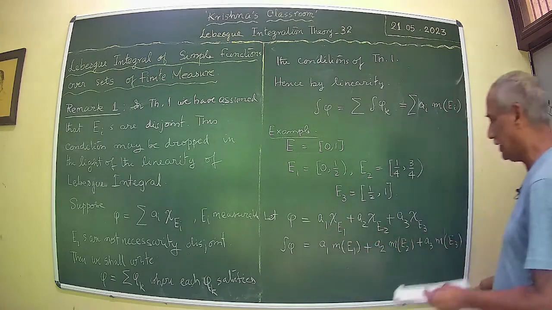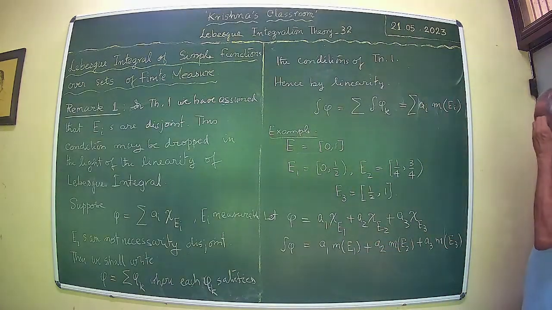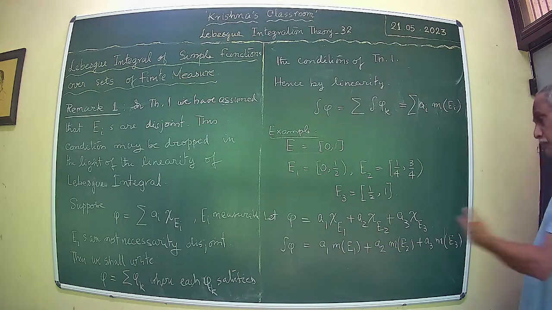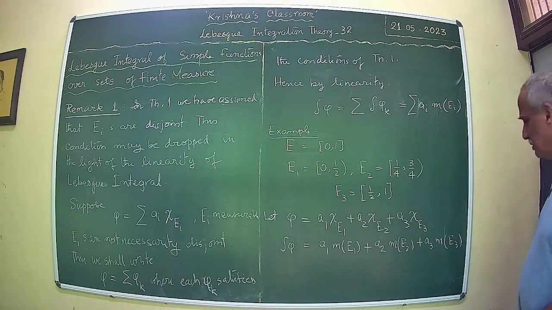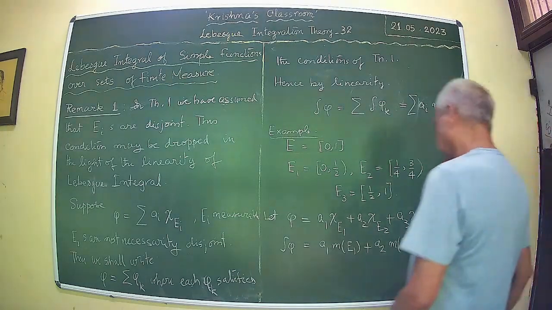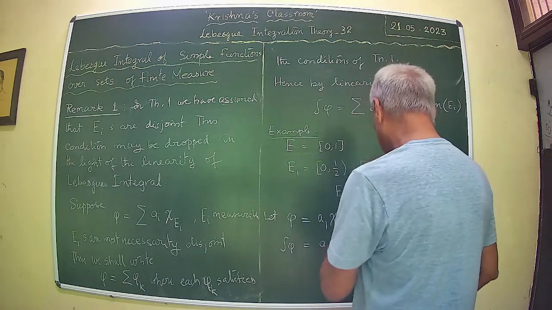Here you see that Ei intersection Ej empty is not assumed. We are also not assuming Ais are distinct. Okay, but let us now work on this.